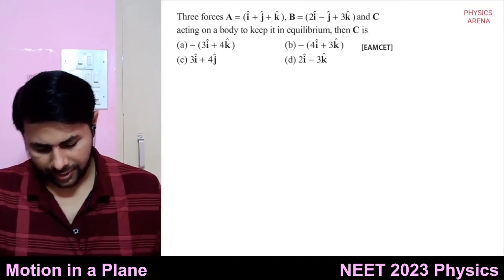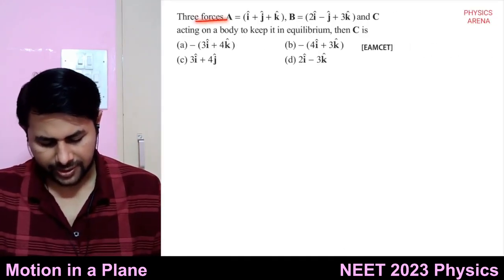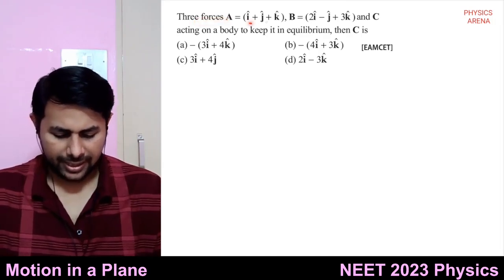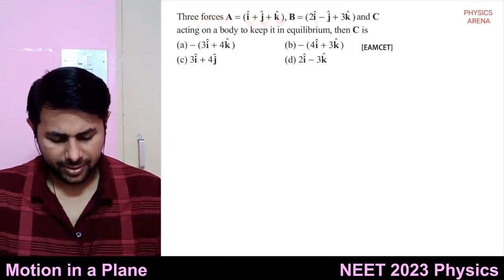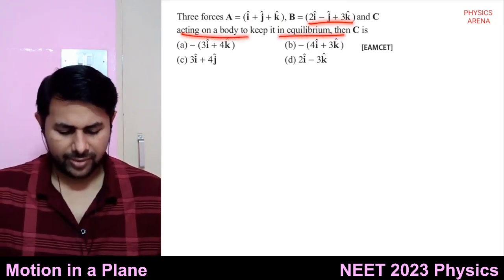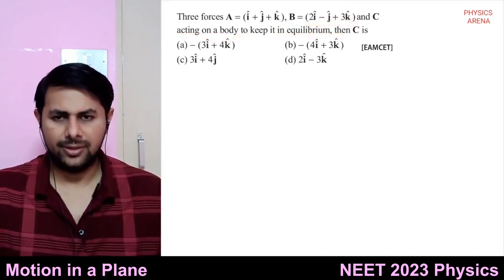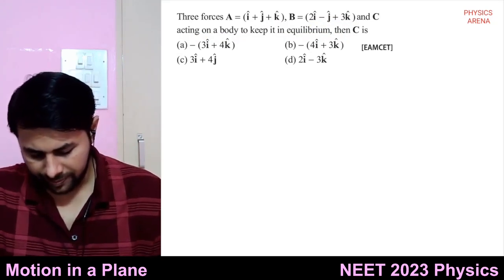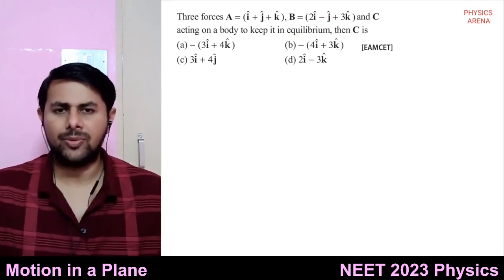All right. Next question. Three forces, A bar is equal to I cap plus J cap plus K cap, B bar is equal to this, and C bar acting on a body. To keep it in equilibrium, then C is. Okay, so do you know what equilibrium is? Equilibrium of forces.